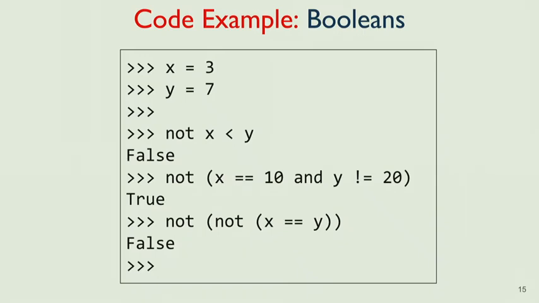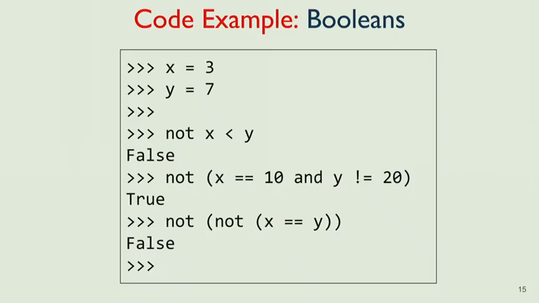And y is not equal to 20. This is true, but we have this true and this false. Therefore, the whole thing becomes false, right? This whole thing becomes false, but we're putting a not on this entire thing. Therefore, the whole thing that was false now becomes true, okay? Because of the power of these parentheses.